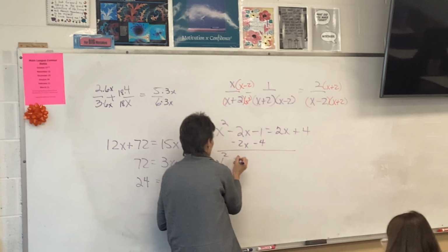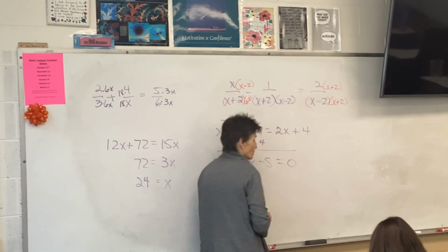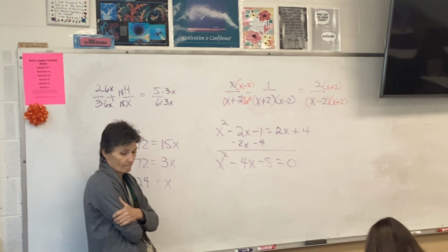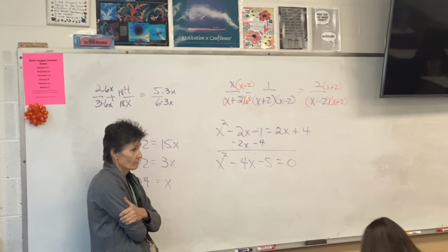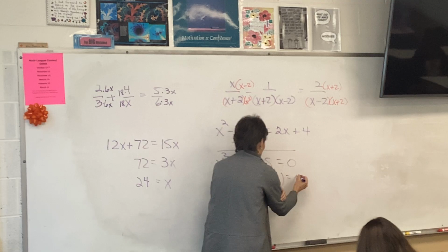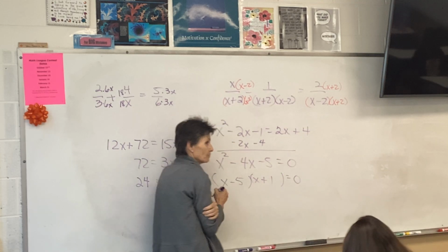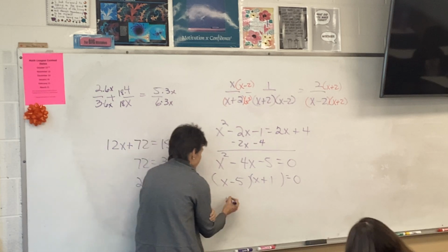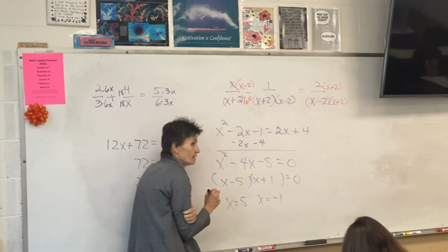So x squared minus 4x minus 5 equals 0. Factor. Minus 5 plus 1. So x equals 5 or x equals negative 1.